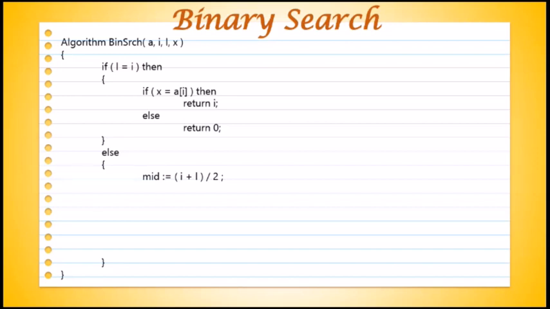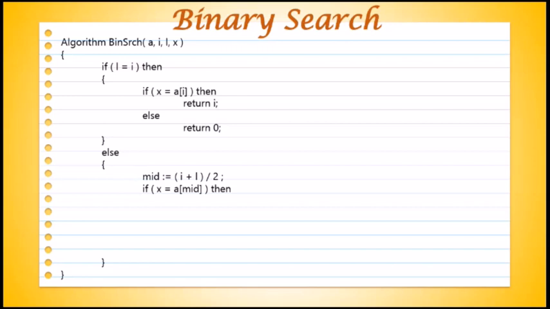So after getting the middle value, that is the middle position, you can compare your searching element with the middle value. So here, if X is equal to A of mid, so A of mid means what? The middle value of the list, means the middle value which is present in the list, you will compare that value with the searching element.